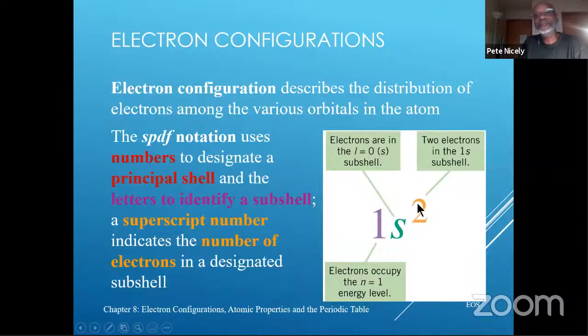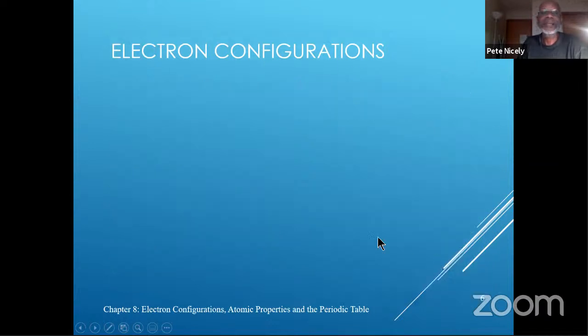And the 2 here, written as a superscript, indicates the number of electrons within that subshell. So the way we would interpret this symbolism is that the first shell, which has only the s subshell present, has a total of 2 electrons within that subshell, all right? So that's how you'd interpret a symbolism of this type, and this will become important when we talk about electron configurations of atoms.